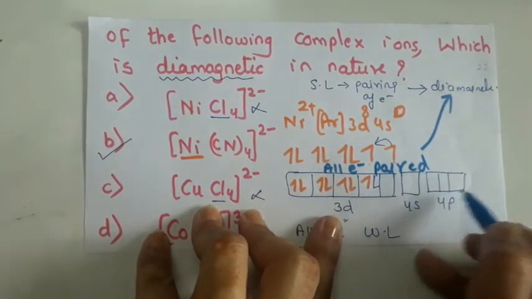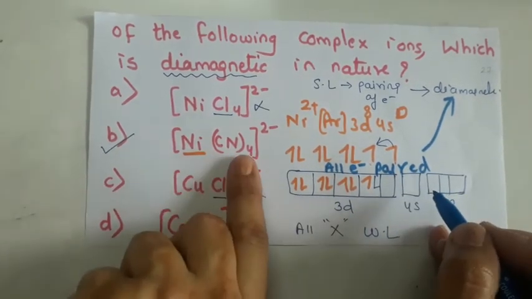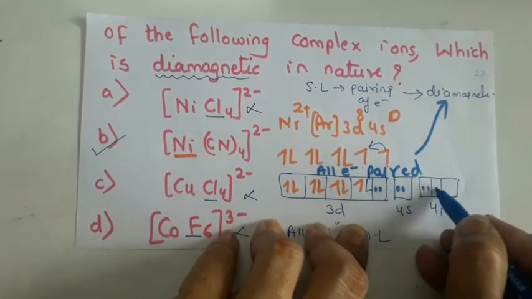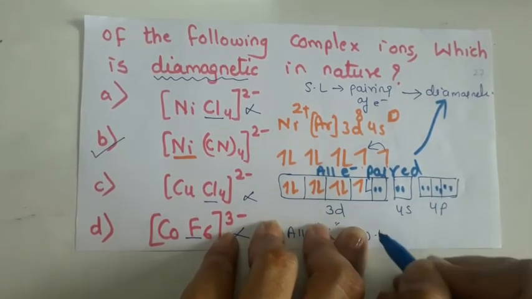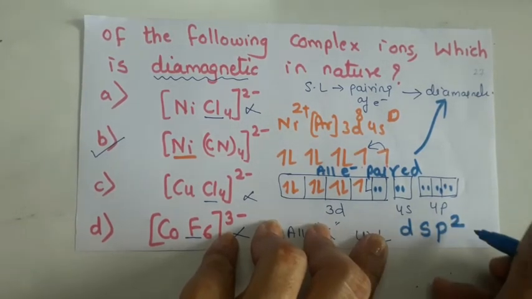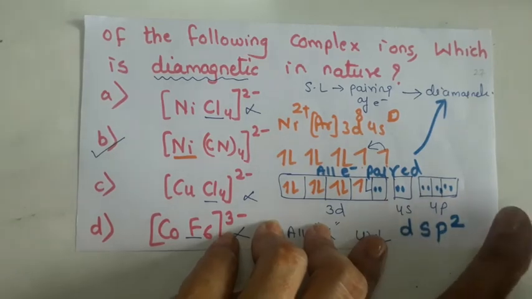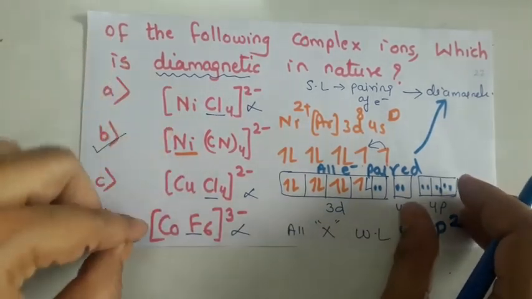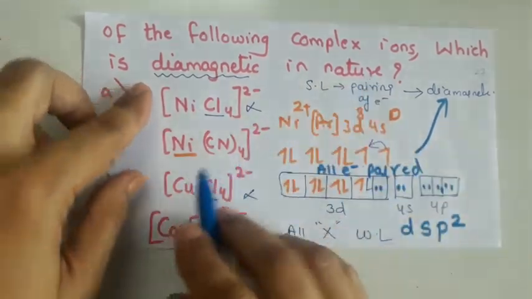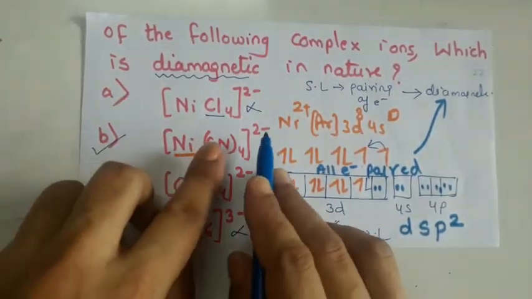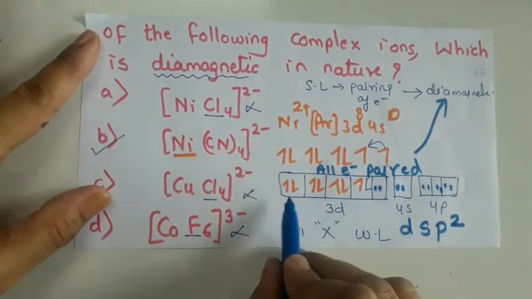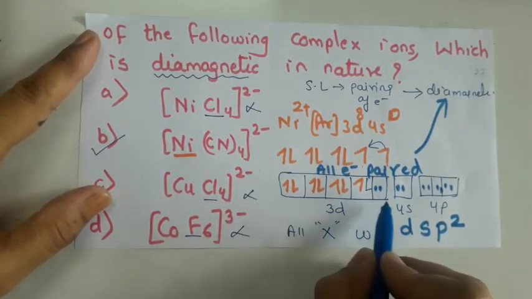Now why have I drawn these boxes? Because in these boxes 4 cyanide ions will come and they will donate their electrons over here. So their hybridization would be dsp2, that is square planar geometry. But our question is what? Among these compounds, which compound is diamagnetic in nature? So the tetracyanonickelate(II) ion is diamagnetic in nature because in this complex we do not have any unpaired electron.